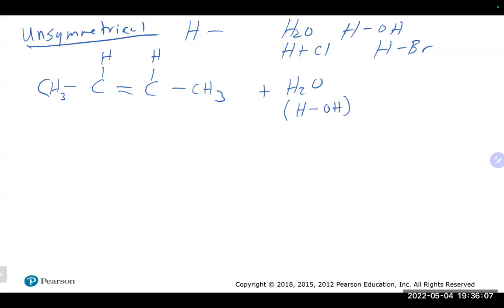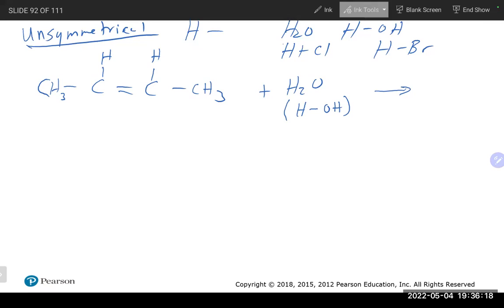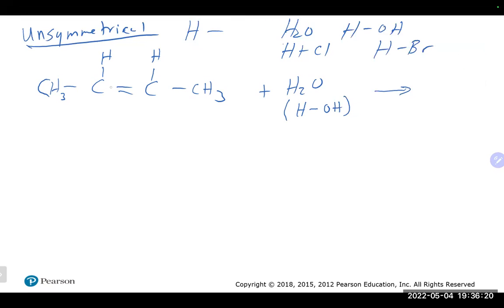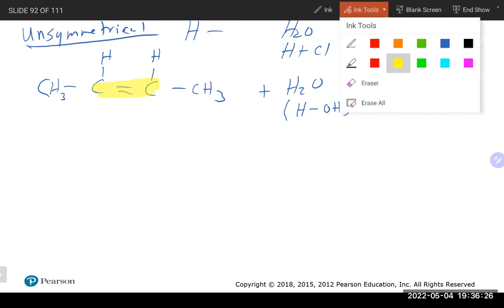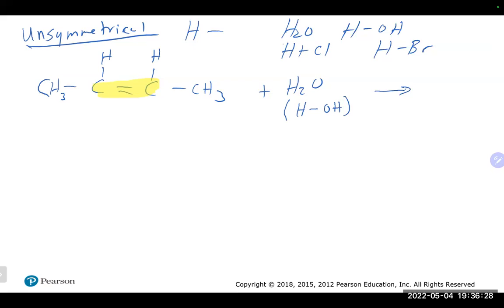What's going to happen is the exact same thing that happened in the previous example, which means I see a double bond and I'm adding something to it. So my focus should go directly to the double bond. It's going to change exactly the same way, which means we are going to make it into a single bond. So really, it has room to accept each of those things that are coming in.